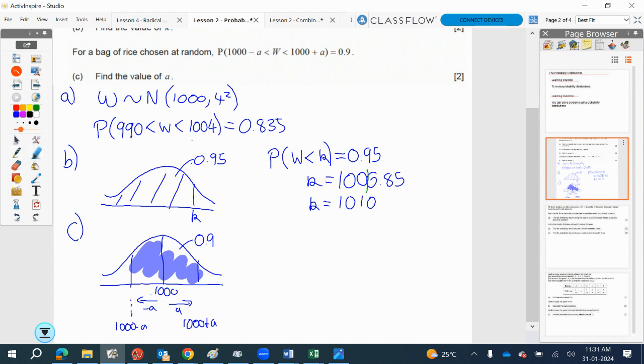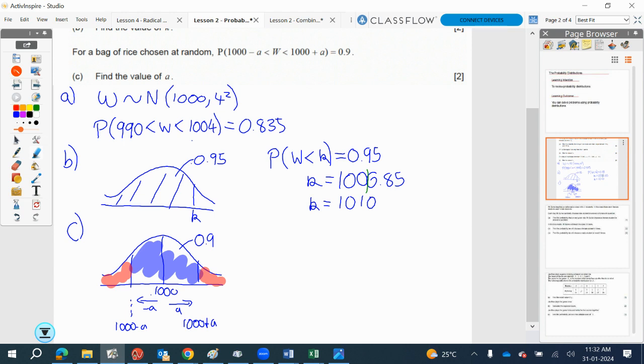So this area and this area in total is how much? 0.1. How big is that one? 0.05, because they both have to be the same size. Drawing these type of diagrams helps you solve these problems.